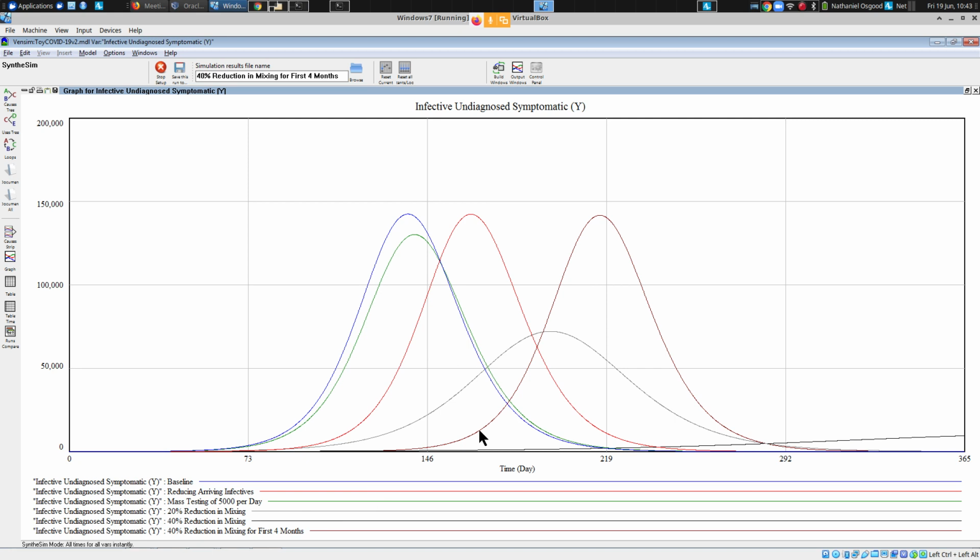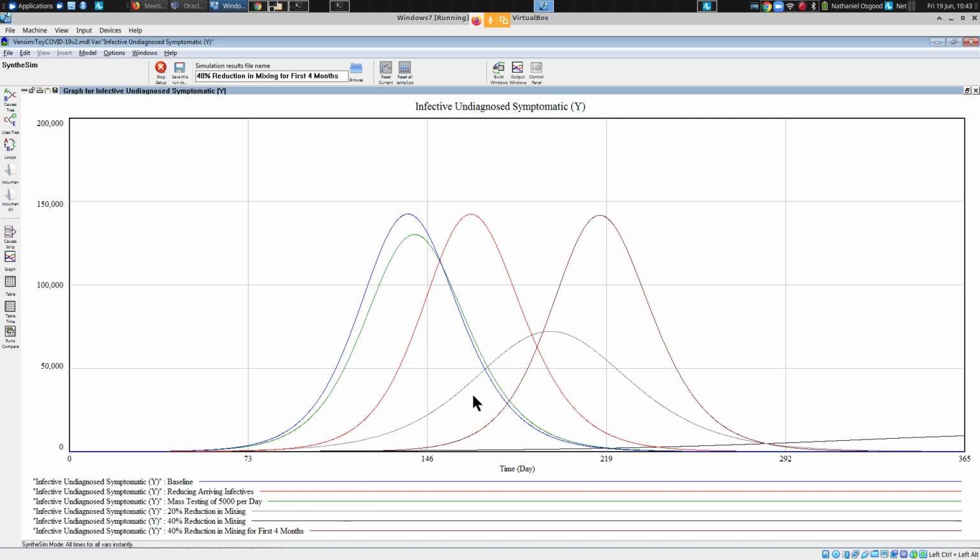So if you have a commitment early on, maybe for 4 months, for the first 120 or so days here, and then you see a relaxation of that commitment and things go back to normal, that's this curve here.